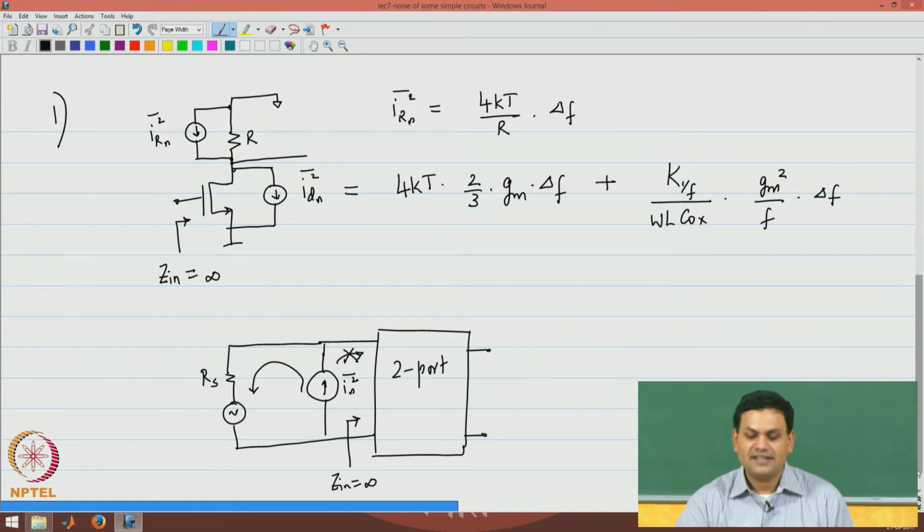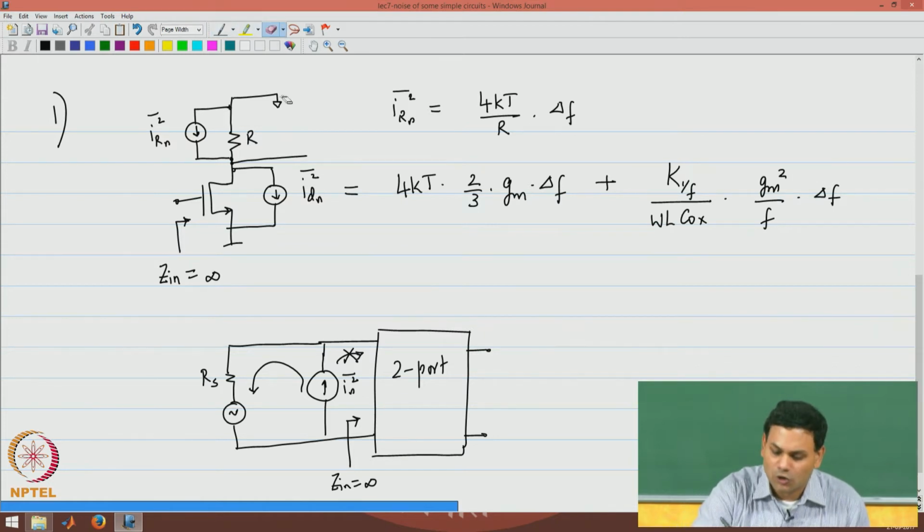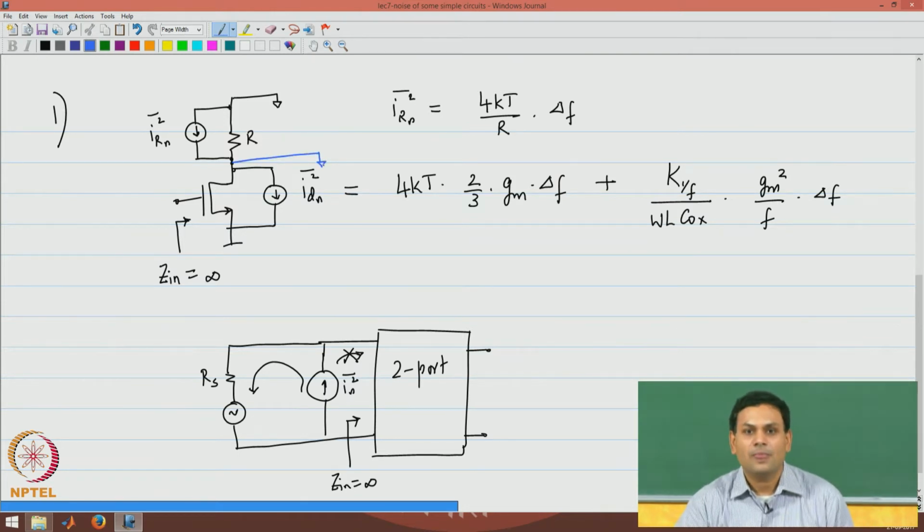Since the noise equivalent is valid for all values of load resistance, I will say that it is also valid for a load resistance of 0. In other words, the output node is shorted to signal ground. What does this mean for us?